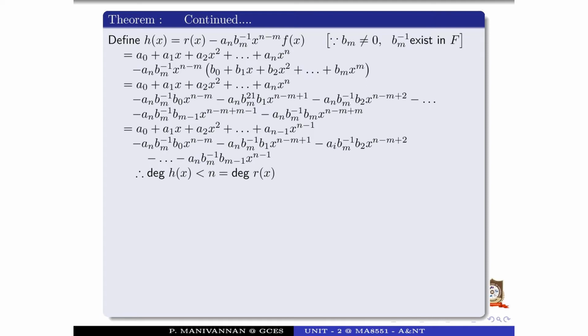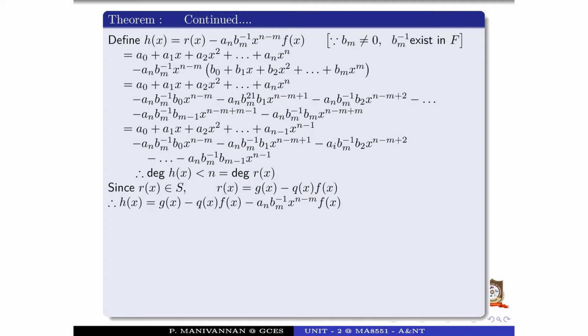Therefore degree of h of x is less than n, the degree of R of x, which is a contradiction, since R of x is the least degree polynomial. Since R of x belongs to S, R of x equals g of x minus q of x into f of x.